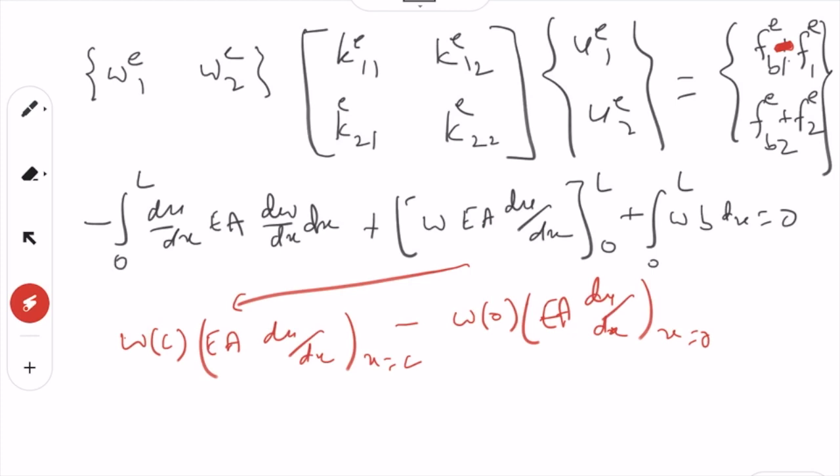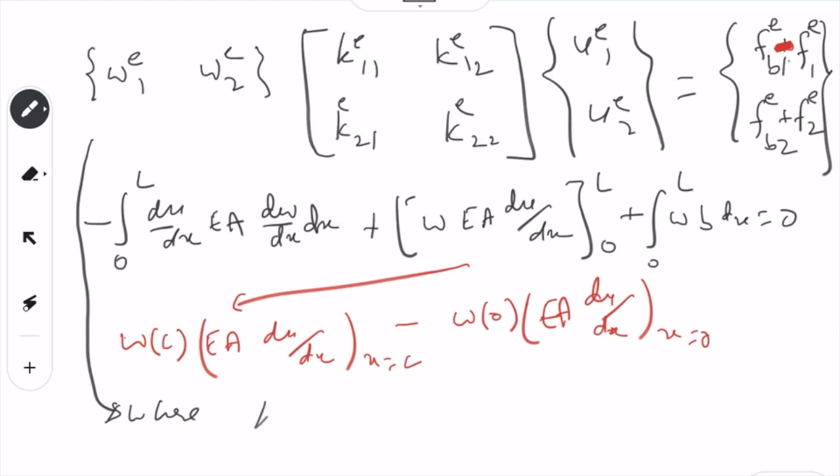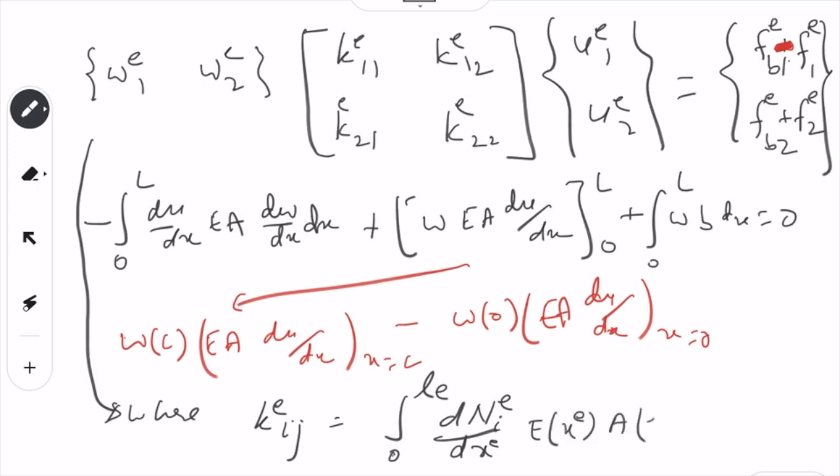We are not talking about the whole thing, just the element, and you will get this equation where k e i j will be equal to the integral from 0 to L e, the length of the element, of E as a function of x e, A as a function of x e, times d N e i d x e times d N e j d x e, dx e.